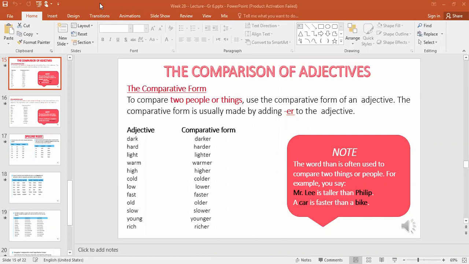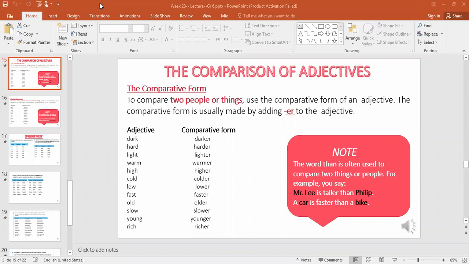When I say comparative adjectives, it means I'm using these adjectives to compare two people, two things, or two places. Only two, so concentrate on two. To compare two people, two places, or two things, we use the comparative form of adjectives. The comparative form is usually made by adding er to the adjective.